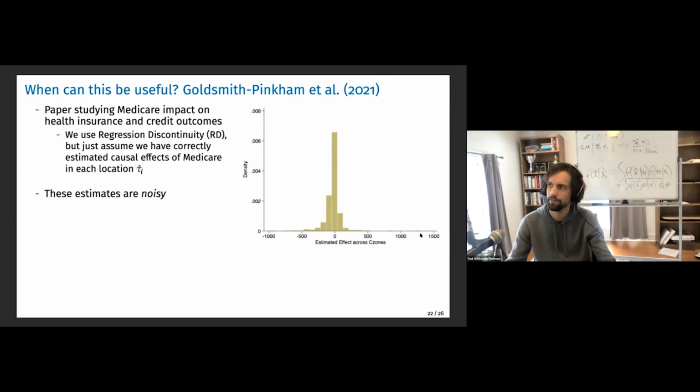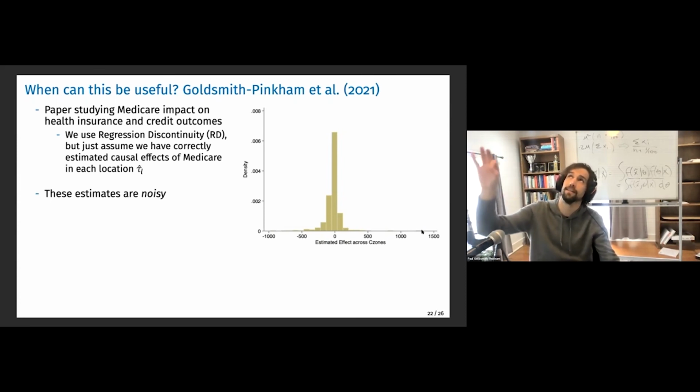There's just this one that's positive. This is the effect of Medicare on reducing debt collections. So minus 30 is the estimate, it reduces debt collections by $30. So the idea that it would increase debt collection by $1,200 seems unlikely.